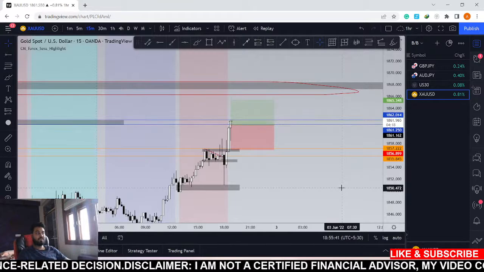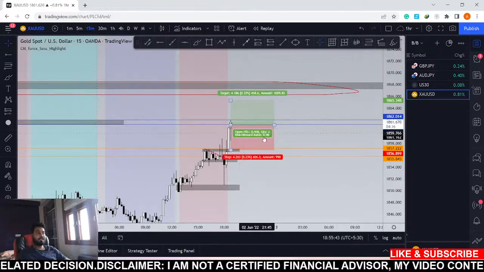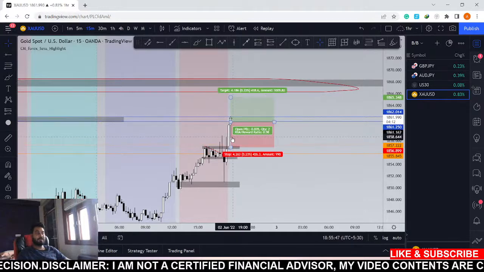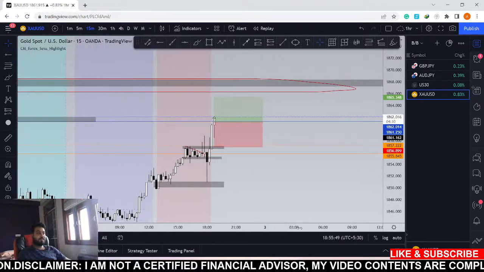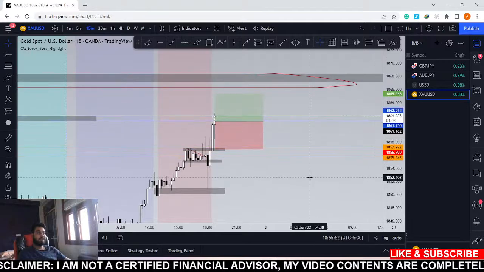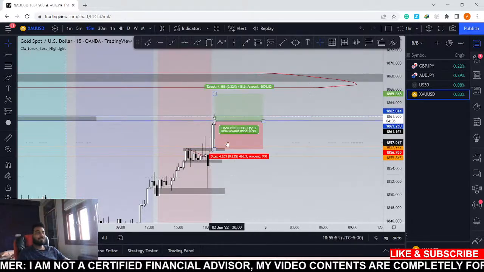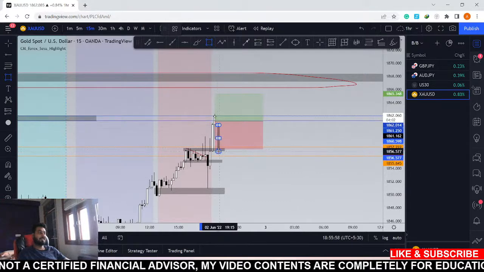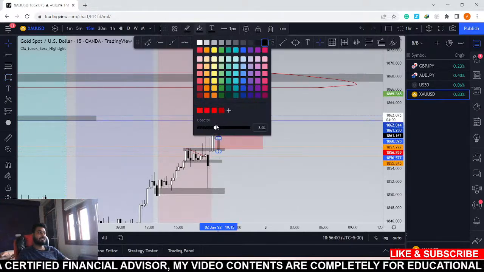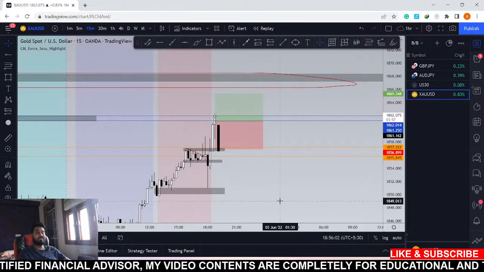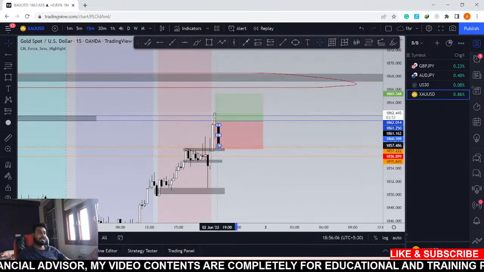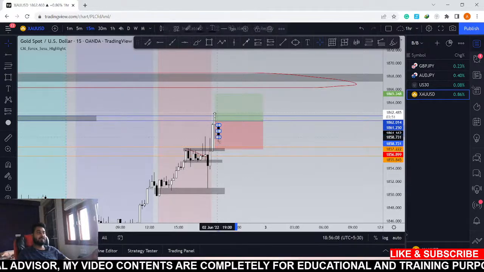And one more thing, if you take an entry like this and it comes down like this, then don't panic. If it is not your day, the candle will come like this and take your entire 1% loss. But most of the time, the candle will come to this area and close like this.